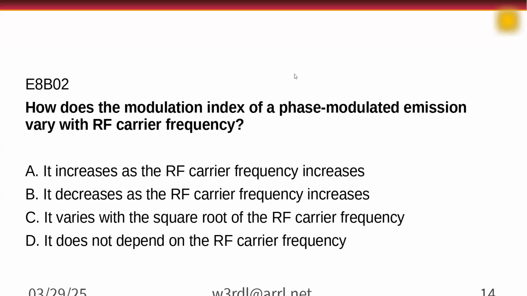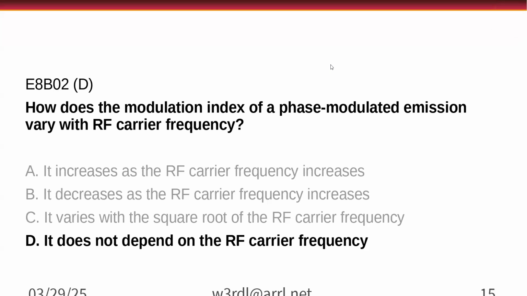I don't like to use them. How does the modulation index of a phase modulated emission vary with RF carrier frequency? Who doesn't care?